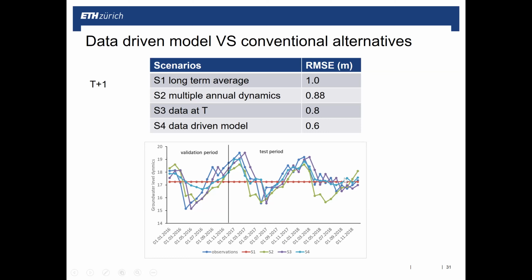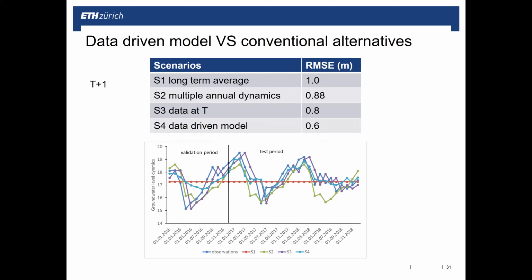And if the dynamics change and are far away from the historical dynamics, then the forecast value is really worse. And so from here, you can see that our data-driven model, because it uses a bit more information, can also provide a more accurate forecast.